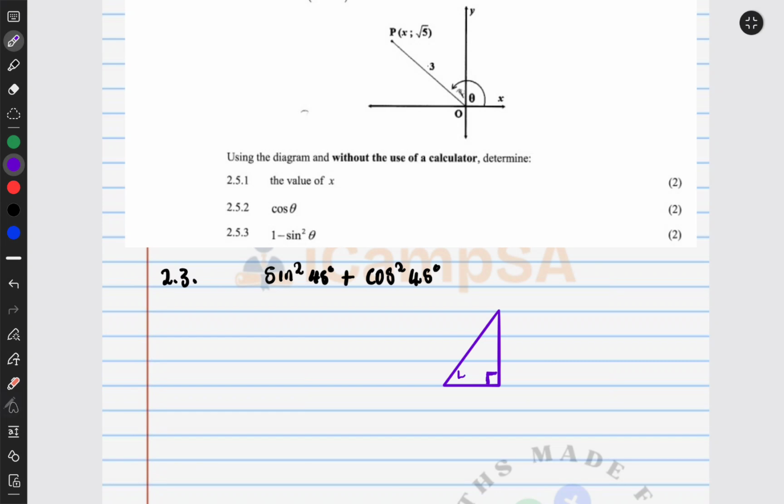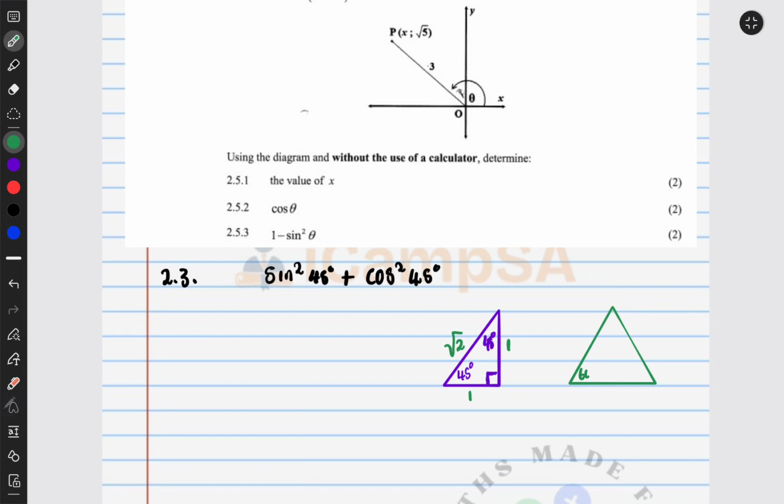The first triangle has 45 degrees and 45 degrees, with sides 1 and 1 and root 2. The other triangle is an equilateral triangle, so all angles are equal.